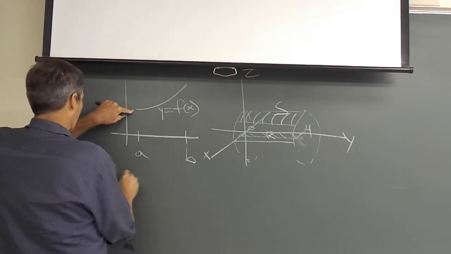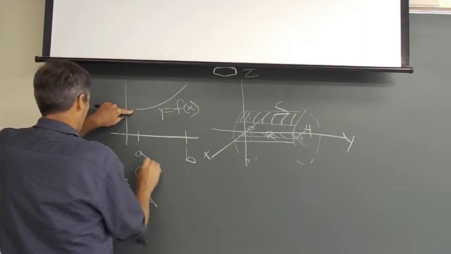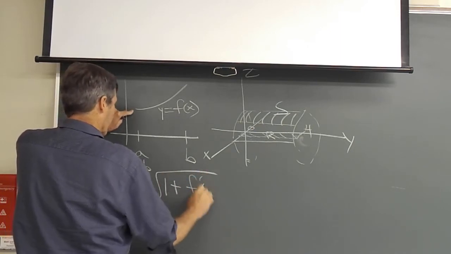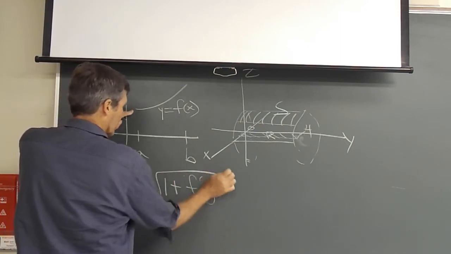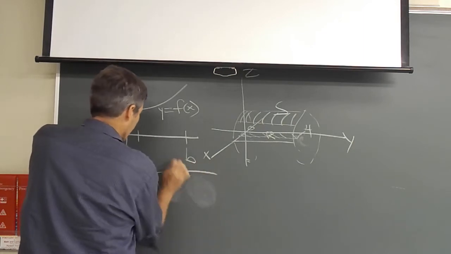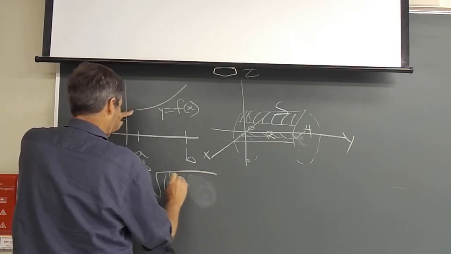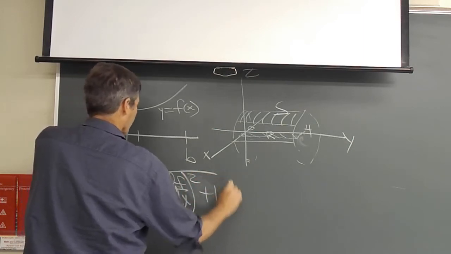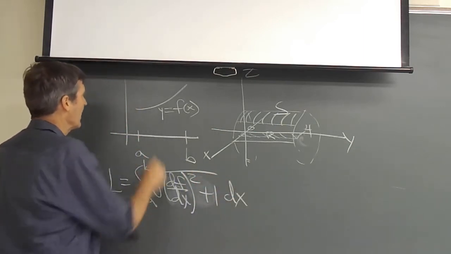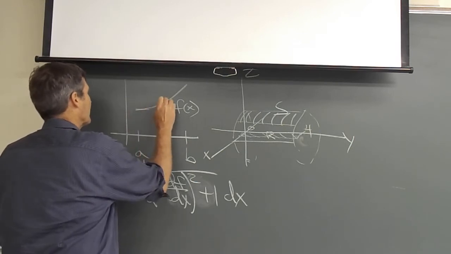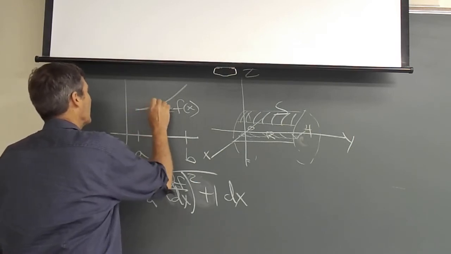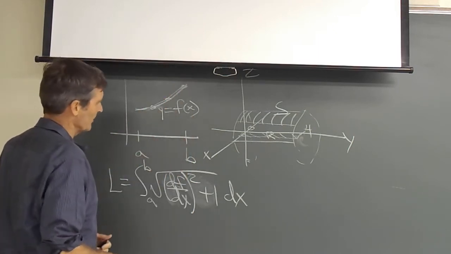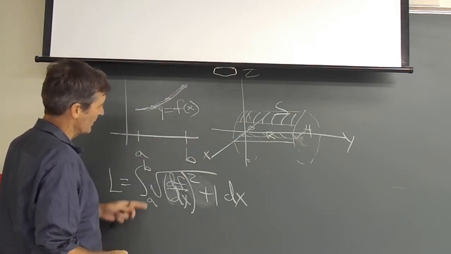You said the arc length is the integral from a to b of the square root of df/dx squared plus 1. It's often written in the other order, but that's what you got by taking a bunch of little secant lines and adding up their lengths and taking the limit as the number of little secant lines went to infinity to get the arc length.